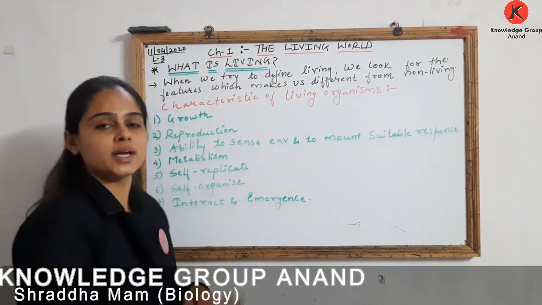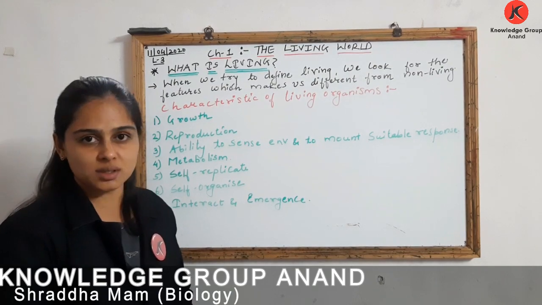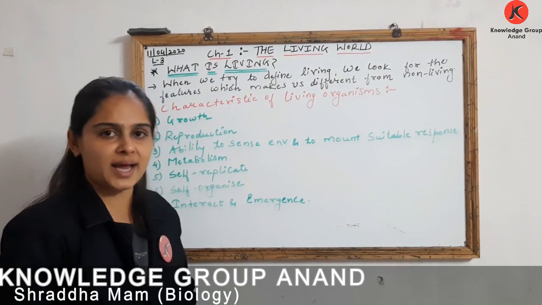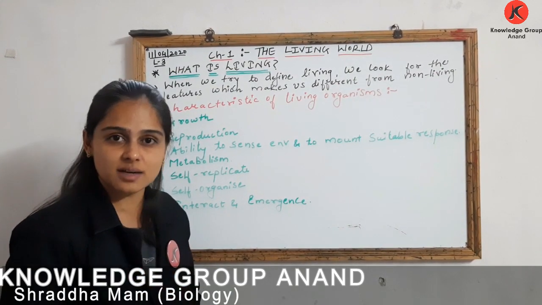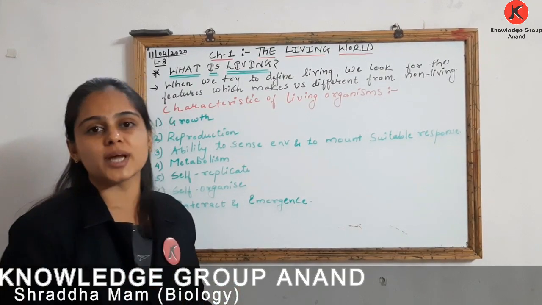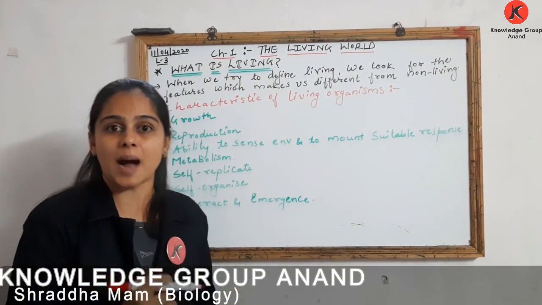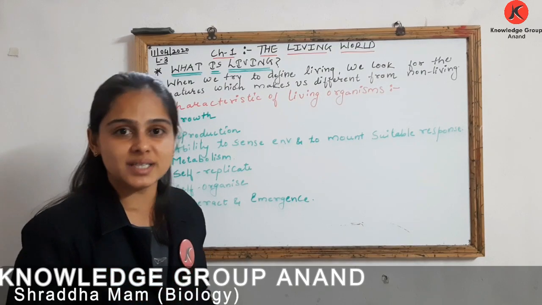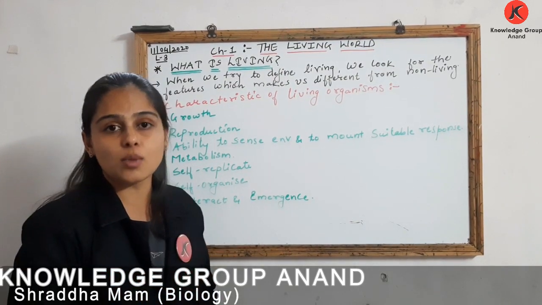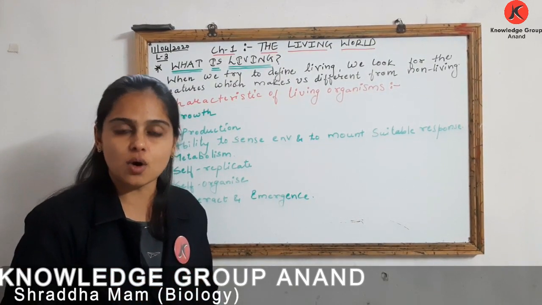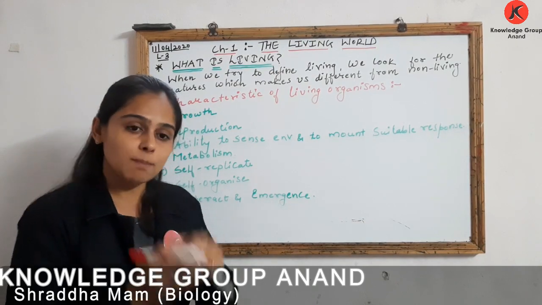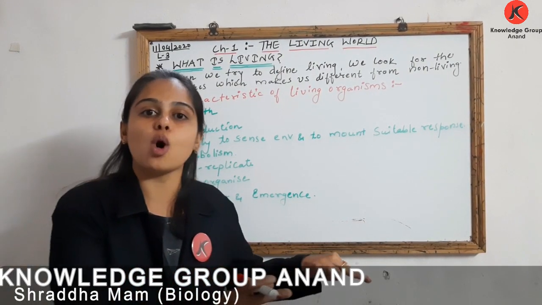You can see over here. Number 1 I have written is growth, followed by reproduction. Then I have written ability to sense environment and to mount suitable response, which comes to our mind immediately. So these are some common characteristic features of living organisms by which we are different from non-living ones.